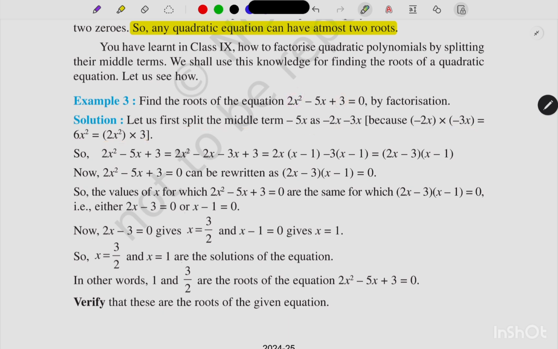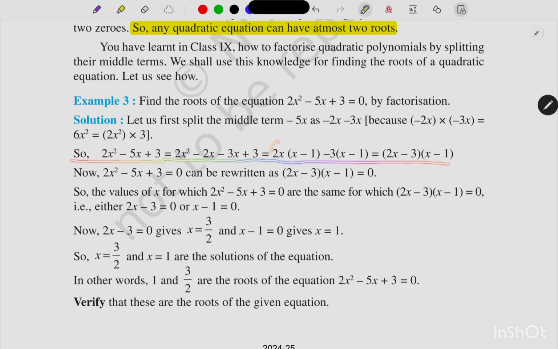Got it? So 2x square minus 5x plus 3, that is our original polynomial, would be equal to 2x square minus 2x minus 3x plus 3, and factorizing by taking 2x outside, you will get this, and then taking x minus 1 common.